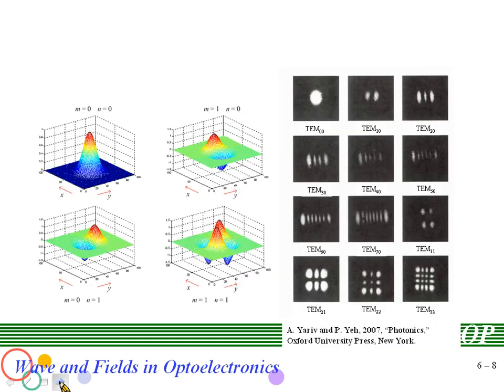Since we know the form of the Hermite-Gaussian and the form of the solutions, what will be the Fourier transform of the Hermite-Gaussians? If you remember, I told you that in chapter 6, we first find the solutions of the characteristic equations, and they are the Hermite-Gaussians.